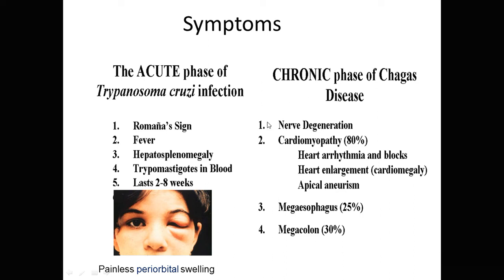So as there's nerve degeneration, the nerves cannot transmit signals anymore to the muscles of the heart as well as muscles of the esophagus or colon, and there's a problem with muscle contraction, of course, and megaesophagus and megacolon develop. Yeah?